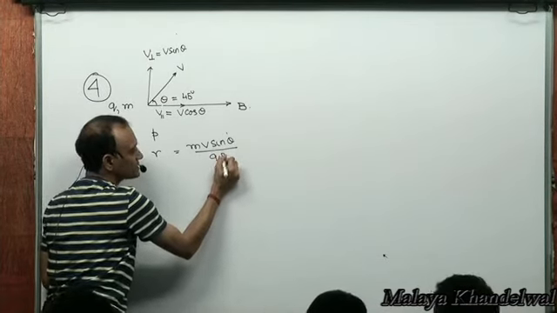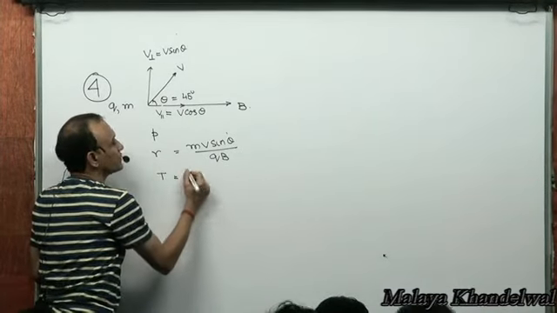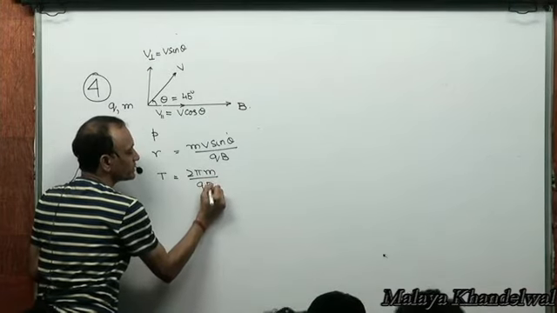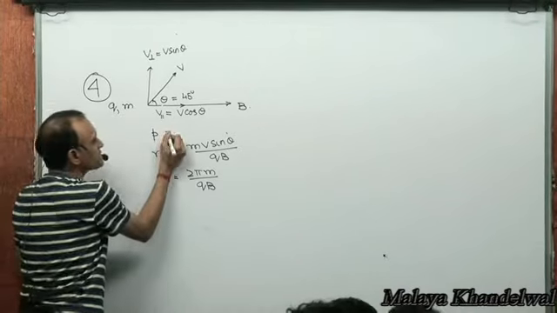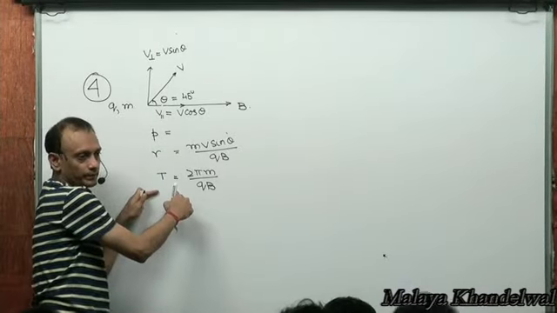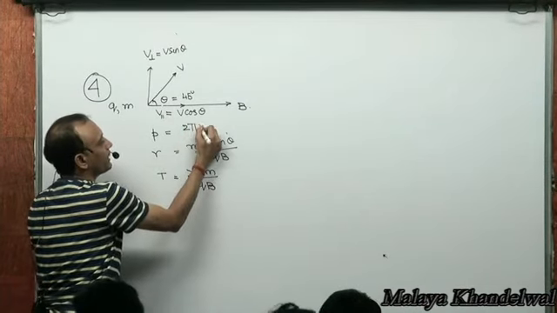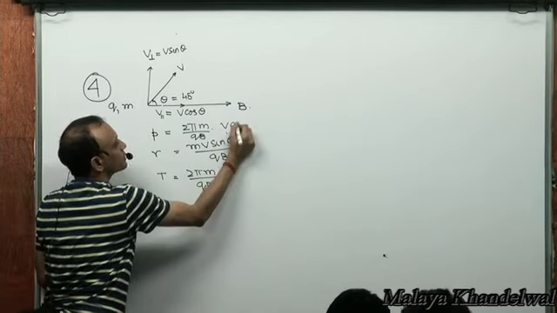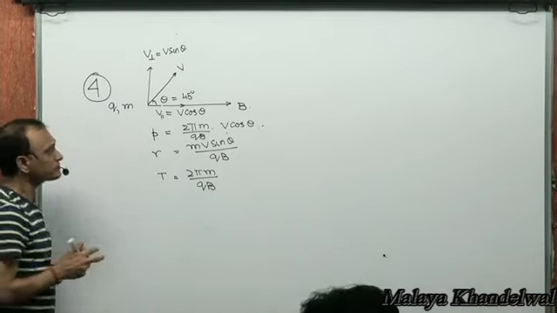The time period is going to be 2 pi m by qB, the time taken for 360 degrees of rotation. The pitch is given by V parallel into T, that means V cos theta into T, which is 2 pi m by qB into V cos theta. That's the pitch of the helix.